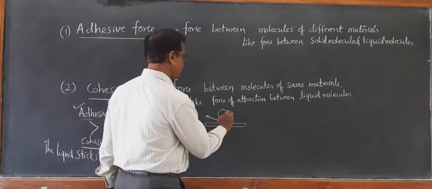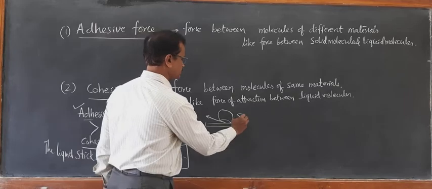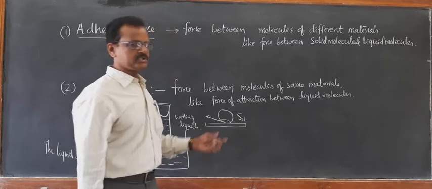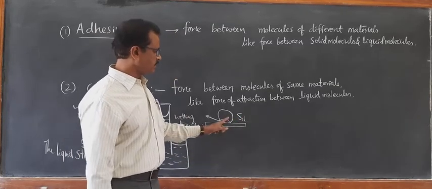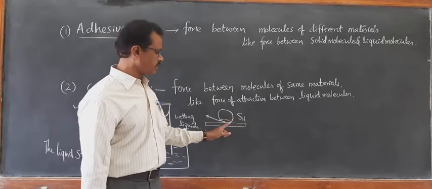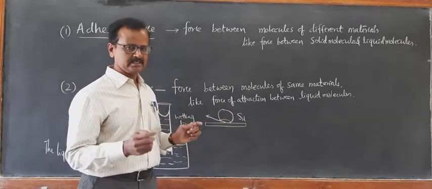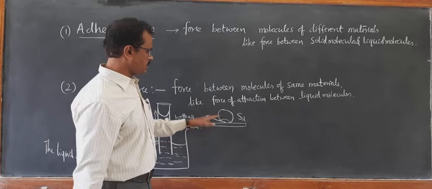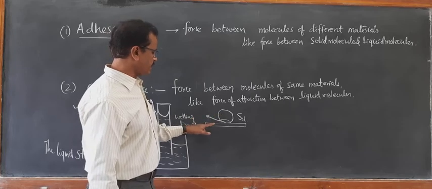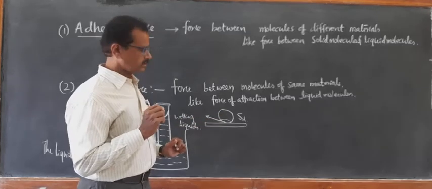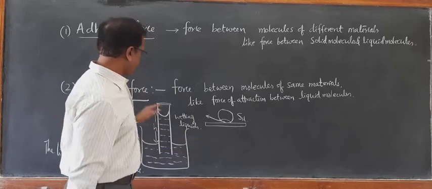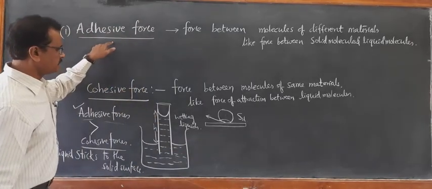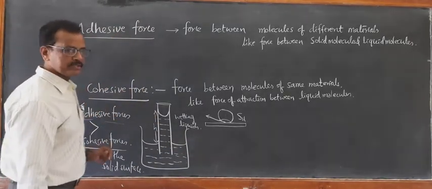The solid-liquid interface energy, S_SL, is quite large. The solid-liquid interface surface energy is quite larger than the liquid-air interface and solid-air interface. Another reason here is the adhesive force is very less compared to cohesive force.